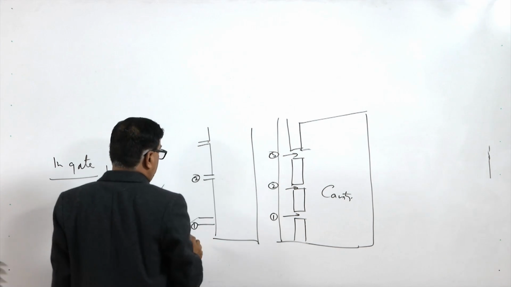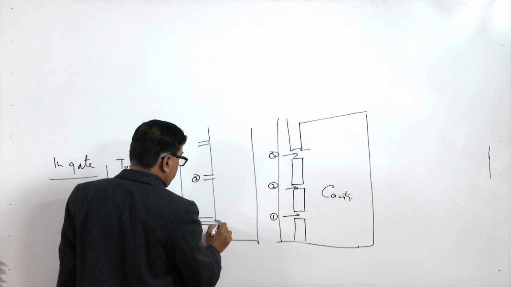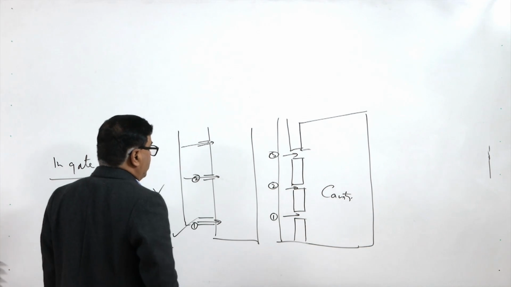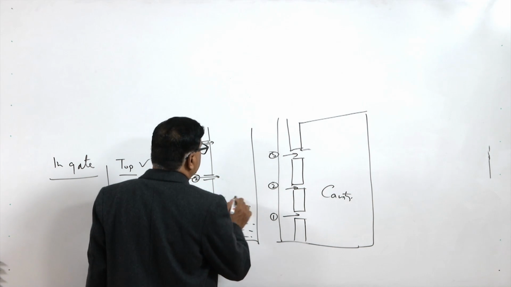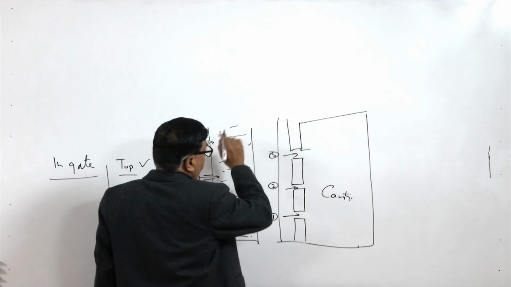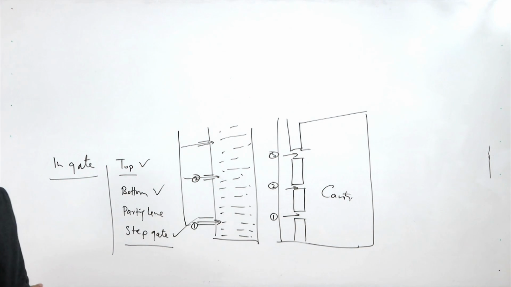So, we try to feed the molten metal first through the bottom in gate, then from the middle, and then from the top. So, here the feeding starts from the bottom, and then gradually it is filled up to the top in order to facilitate directional solidification and have the suitable temperature gradient.